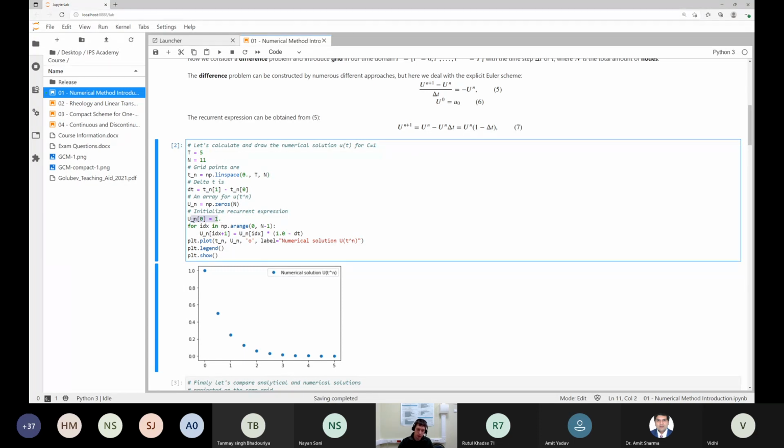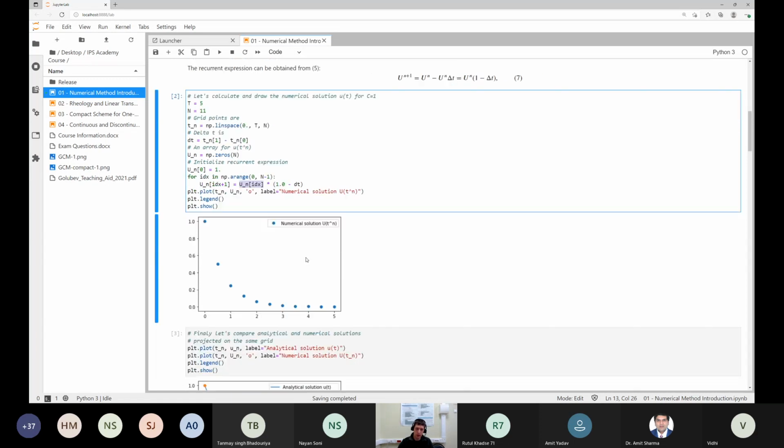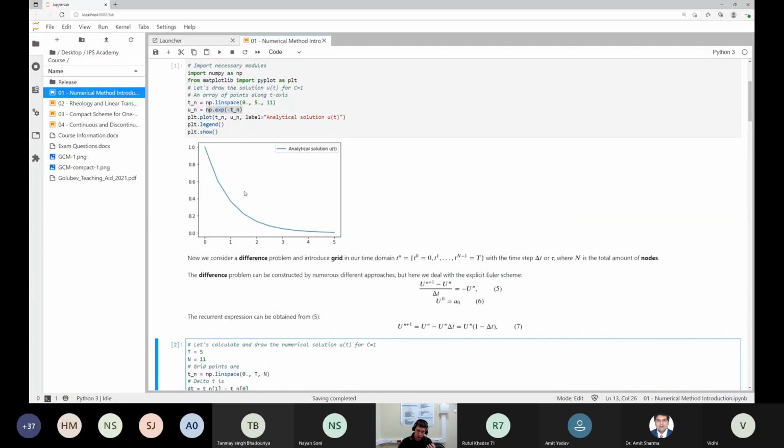We set here the initial condition at the left border. At time equals 0, we have the value equal to 1. And then we go from left to right, starting from the first component of this vector, and update it by the previous value multiplied by 1 minus tau, that is, minus dt. And here I put the numerical solution without connecting these points with lines, because when we speak about the analytical solution, of course, we know values at any point.